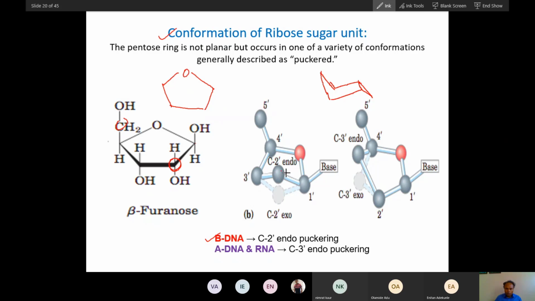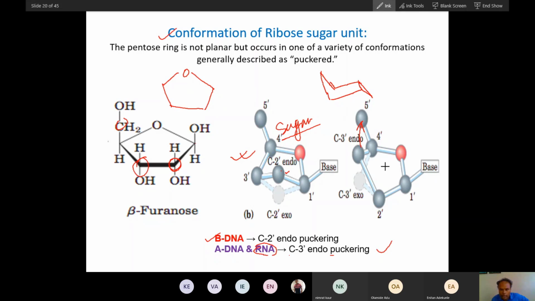And this endo, when the second carbon puckers or folds towards this 5 carbon, this is called C2 endo. And this type of pentose sugar is present in DNA. And when this folds like this towards this, this is called C3 endo. So C3 endo puckering occurs in the sugar of RNA.